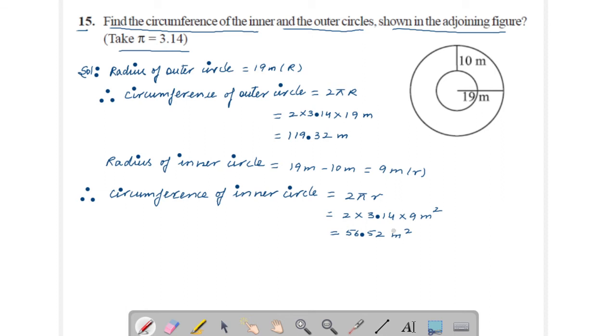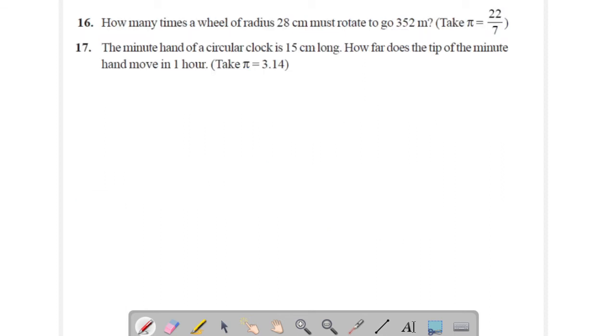This is your answer. Now come to question number 16. How many times must a wheel of radius 28 centimeter rotate to go 352 meter? Take pi equal to 22 upon 7. See solution of question number 16.